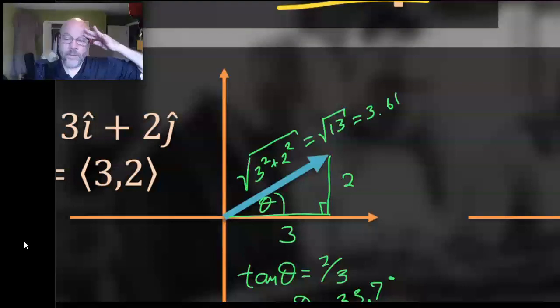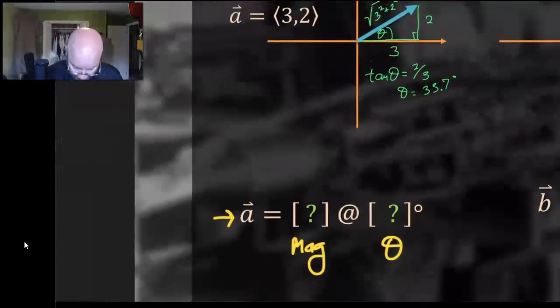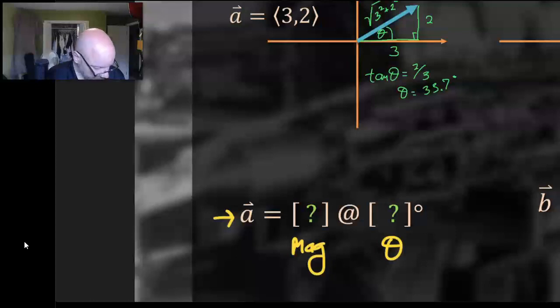We eventually want something you can measure. Working just with something like the square root of a number like 13, a square root of a prime number, is not very helpful. Meter sticks don't work that way. So when we get ready to specify our answer, we would say that it's 3.61 at a direction of 33.7 degrees.